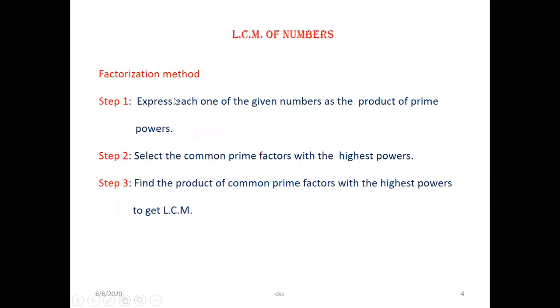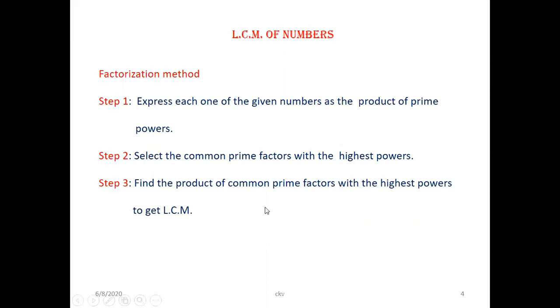The first two steps are the same, and when you were writing GCD, you picked up the least powers. Now to write the LCM, after writing the common prime factors, you have to pick up the highest powers.